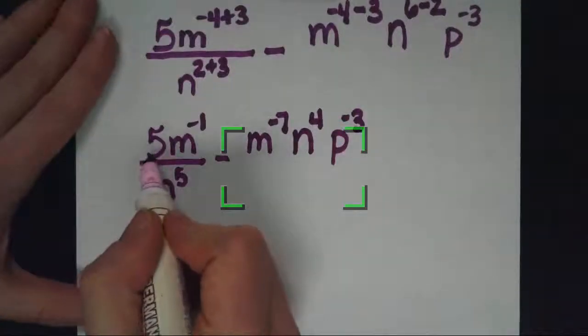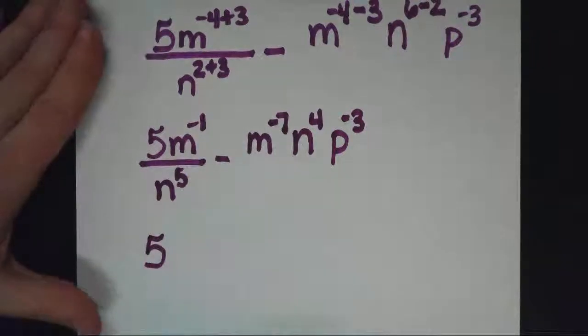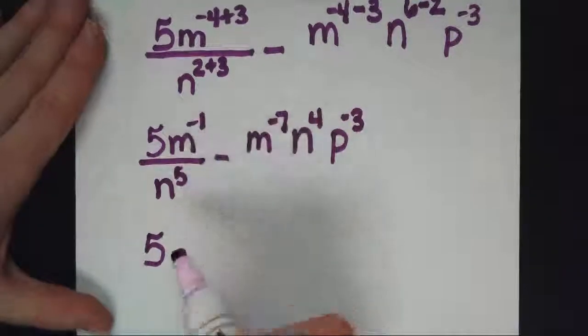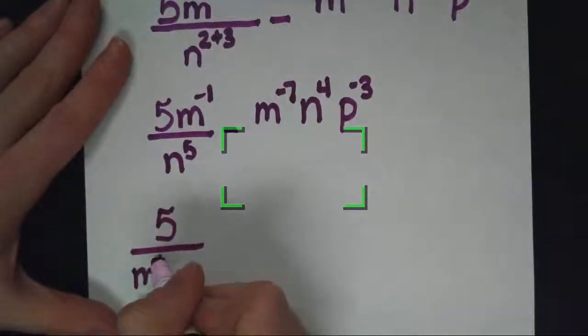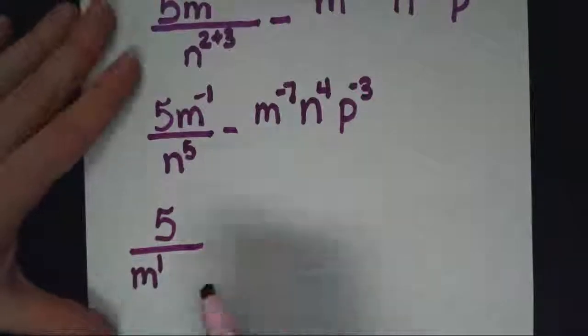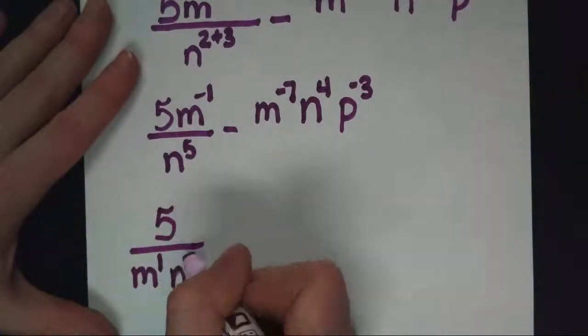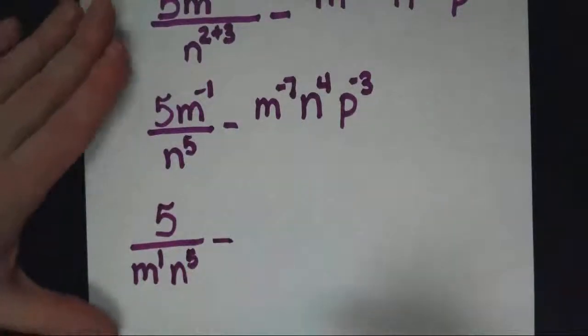So my 5 has a positive exponent of 1, so it's going to stay in the numerator. My m has an exponent of negative 1, so I have to move it into the denominator and make its exponent a positive 1. And my n is in the denominator and has a positive exponent, so it's going to stay in the denominator. Then I am subtracting.